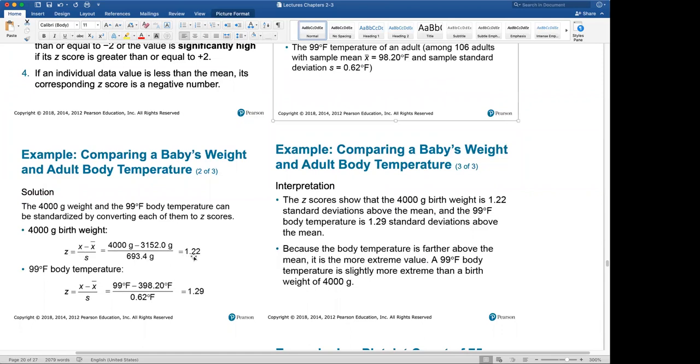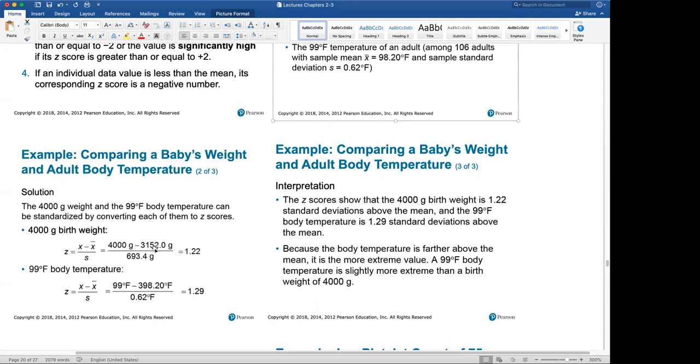It means that 4,000 grams is not significantly high, right? Definitely 4,000 grams is greater than the sample mean 3,152.